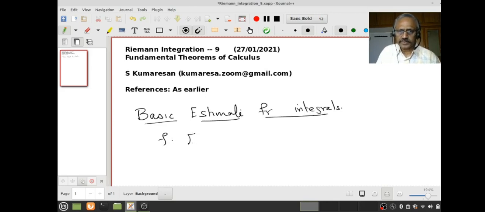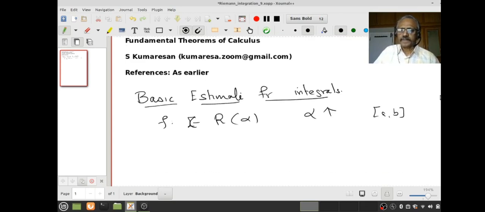So let us say f is in R of alpha, where alpha is an increasing function on the interval [a, b]. Then let's look at the integral from a to b of f d alpha. Now this is a real number, therefore I can talk about its modulus. Remember, integration is something like a continuous summation.